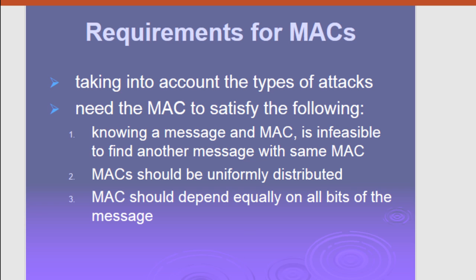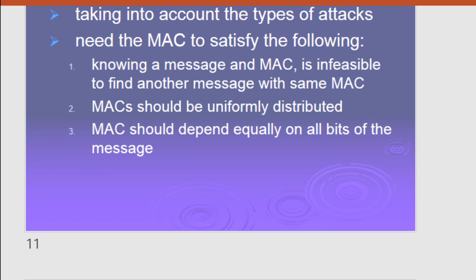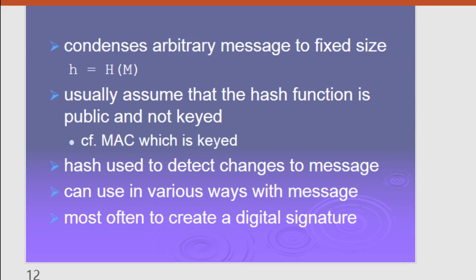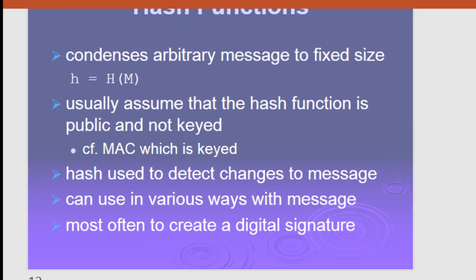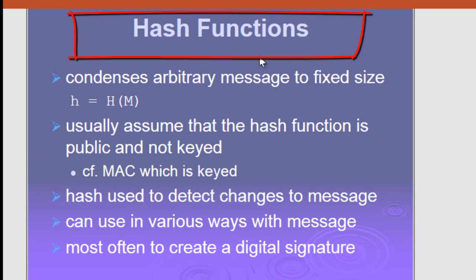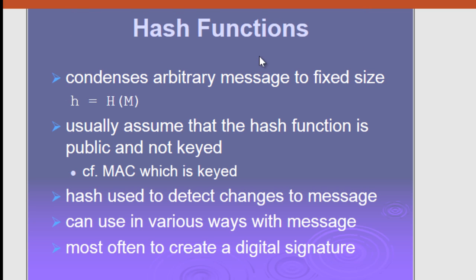And the next technique is the hash function. A hash function is also similar to MAC. Hash functions perform the same thing that the MAC does, but the approach followed is different.